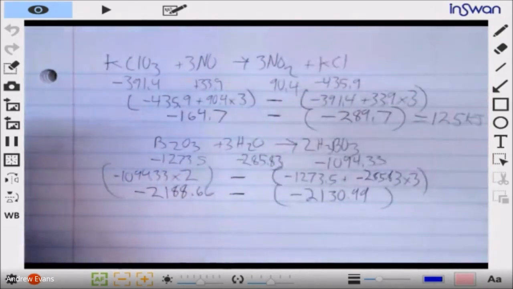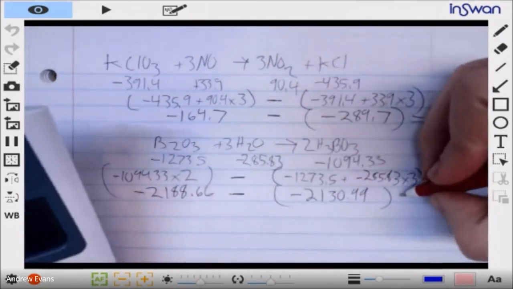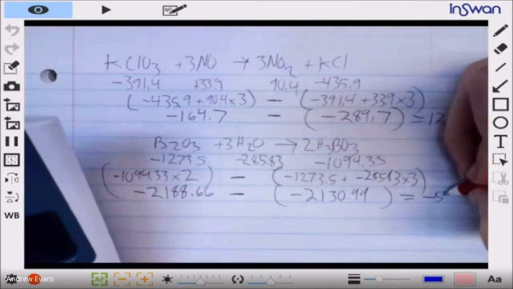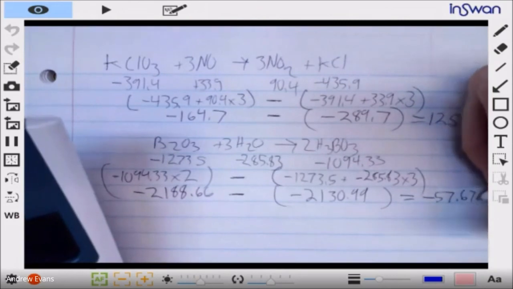So negative 2188.66 minus a negative 2130.99. The energy of this reaction will be negative 57.67.